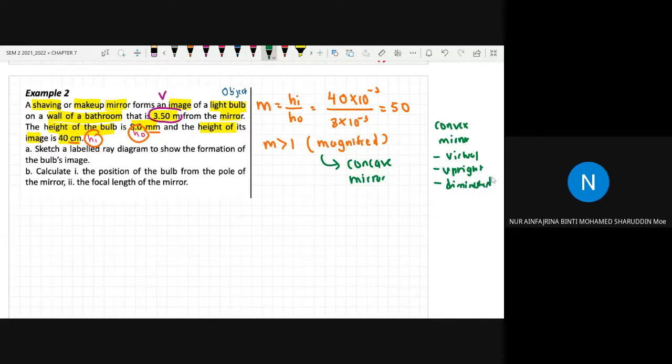Dan dia akan form at behind of mirror. Jadi magnification yang awak dapat sekarang adalah 50.